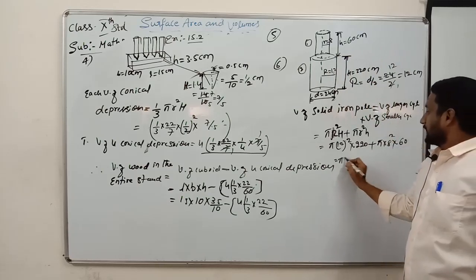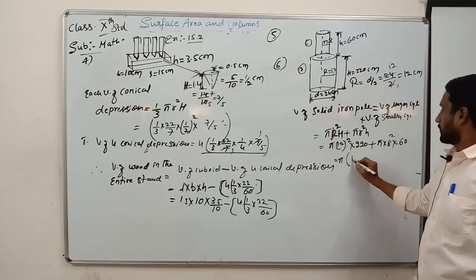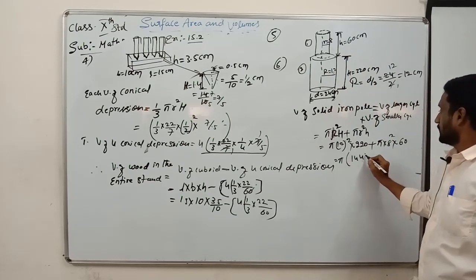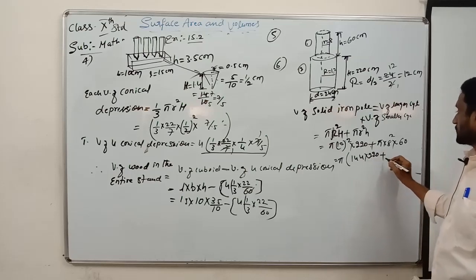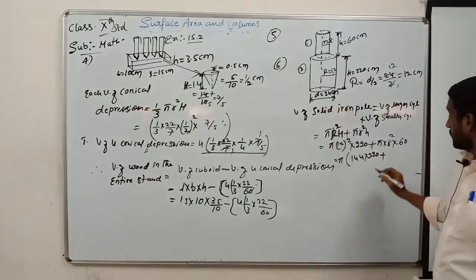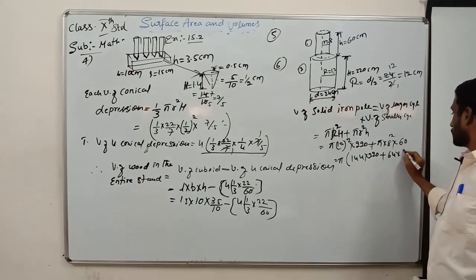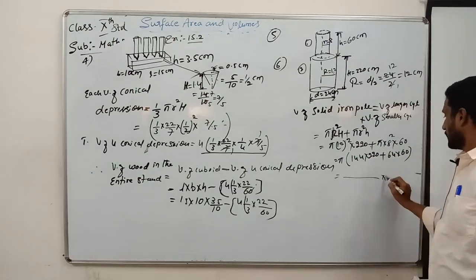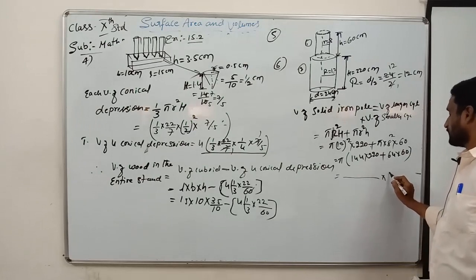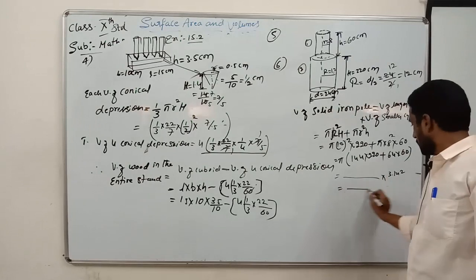This pi you can take common. 12 12 is 144 into 220, plus 8 8 is 64 into 60. Finally, into the pi value, 3.142, you can multiply and you are going to get the volume.